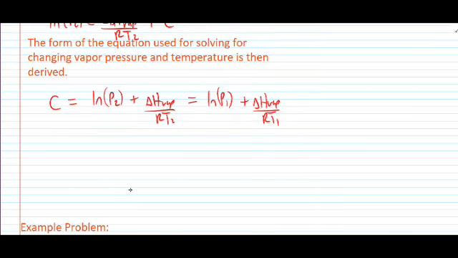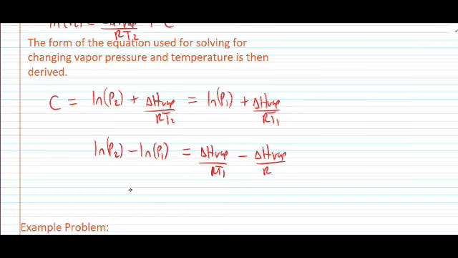Well, now I can subtract the natural log of pressure 1 from both sides, and I can subtract the delta H of vaporization over RT2 from both sides. So I just moved this over to the left side, moved this over to the right, and now we're getting there. So now I can see subtracting natural logs.